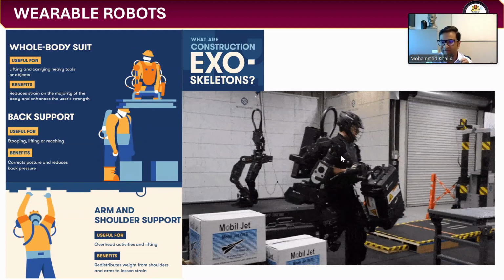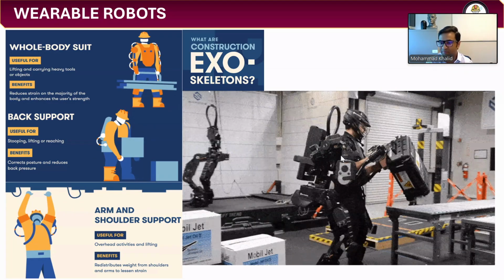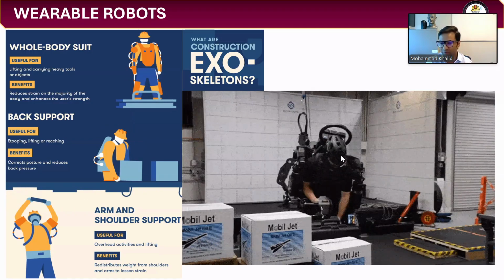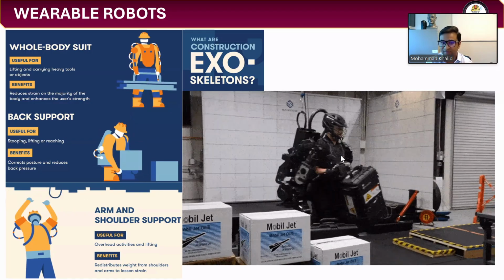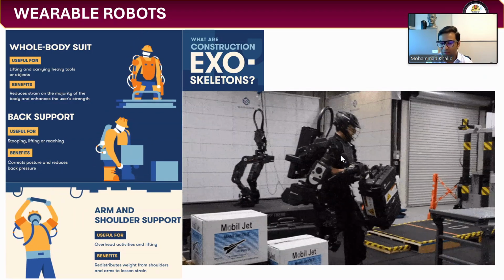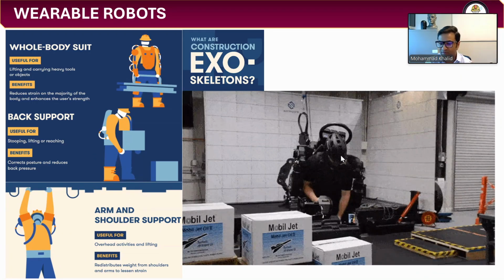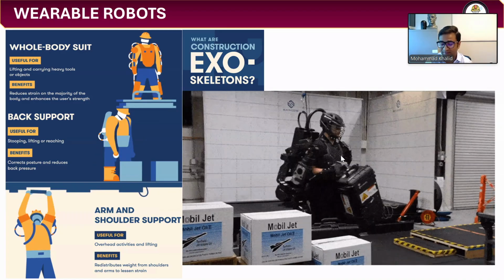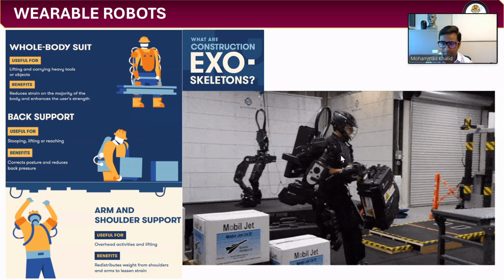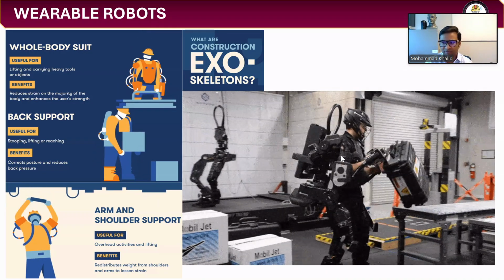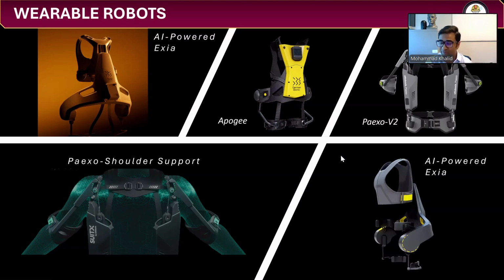Construction workers are 5 times more likely to develop back-related or musculoskeletal injuries. So this is why construction industries are now really focusing on how they can integrate this within their routine construction work. Our lab has some of this equipment.